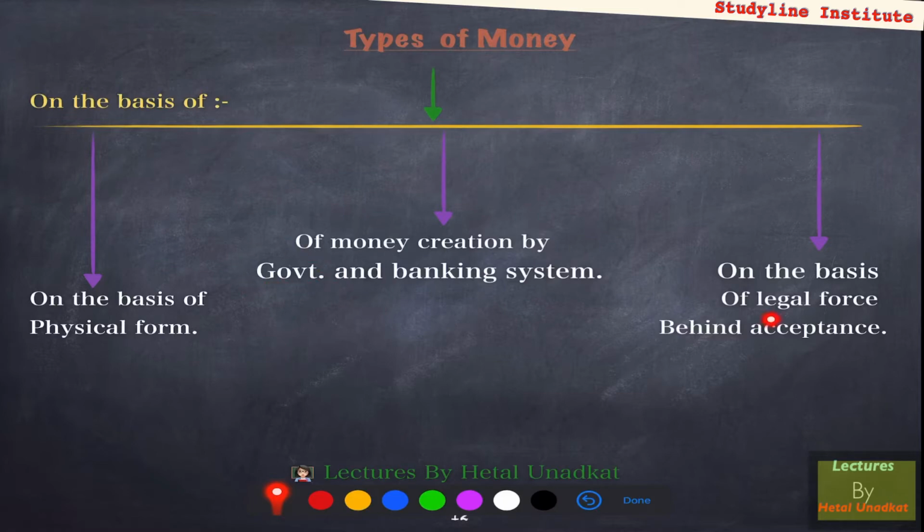And the third one is on the basis of legal force behind acceptance. So these are the bases. Let's understand in detail what the exact types of money are on the basis of these three.